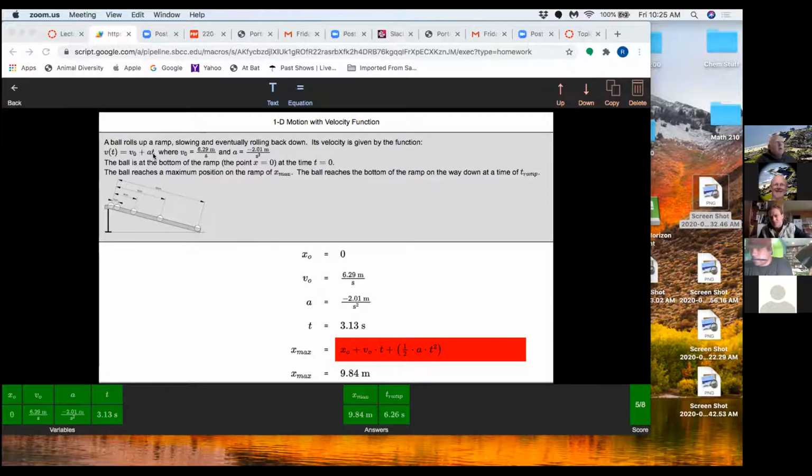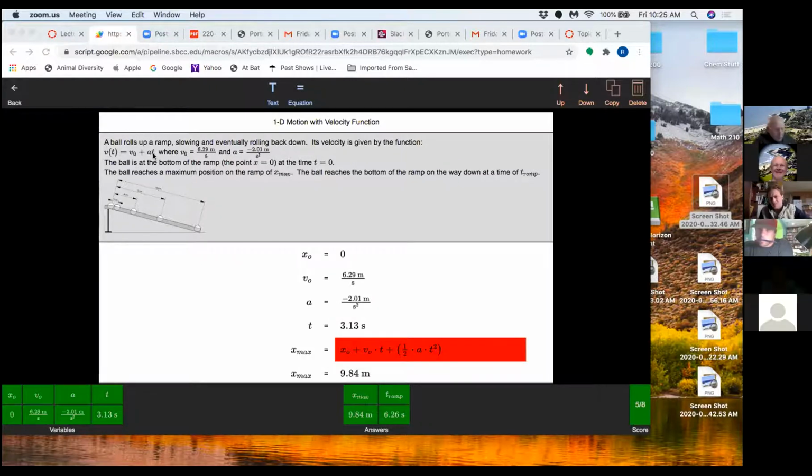I guess I would have felt better if, when I said, how'd you get that for position, you would have told me I integrated the equation for velocity. See, because the problem we're doing does have a constant acceleration. Therefore, it comes out to that same equation that you are quoting to me.